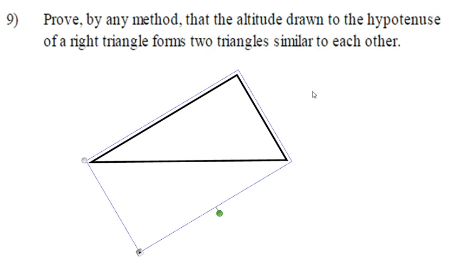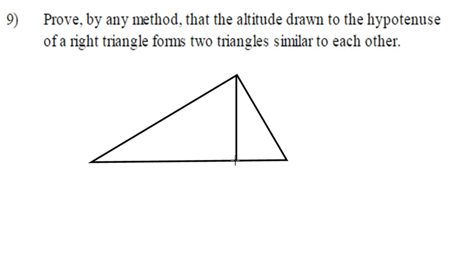And then let us assume that an altitude is drawn here. So, we have right angle, we have right angle. Then, how can we show that these two triangles are similar? We have to show that two pairs of the angles have to be congruent.